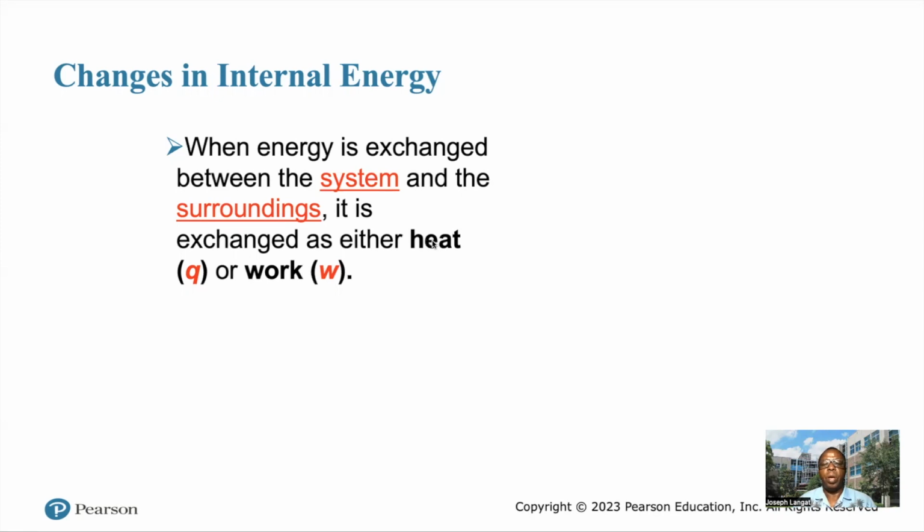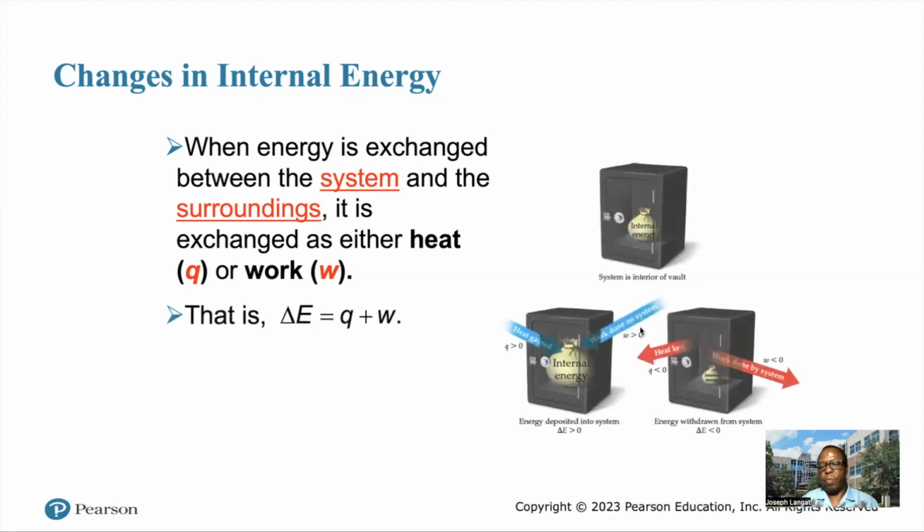Moving on, heat will be represented by Q, and W will represent the work. And when we talk about that, either the system is losing energy in the form of heat or in the form of work, whichever way it is. And for the sign convention, you have to be in the system for you to understand.